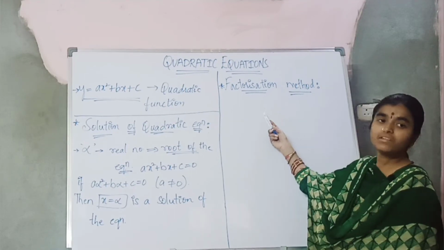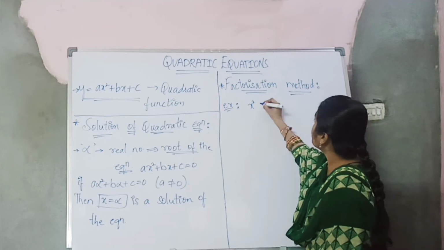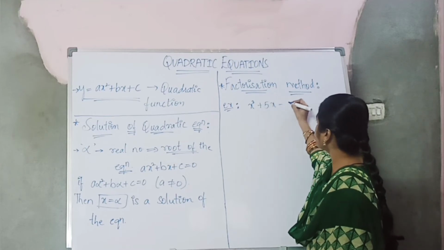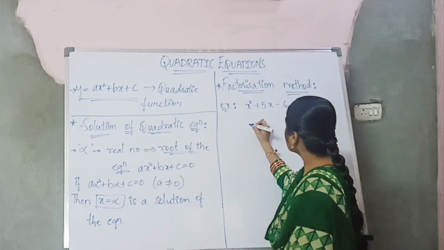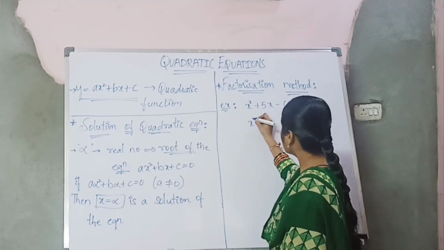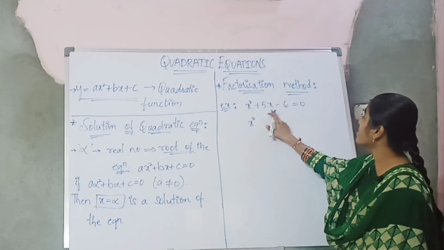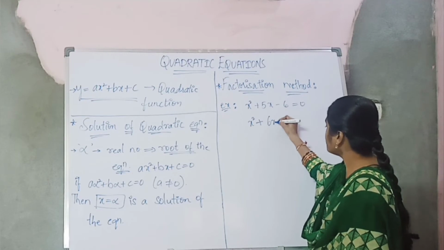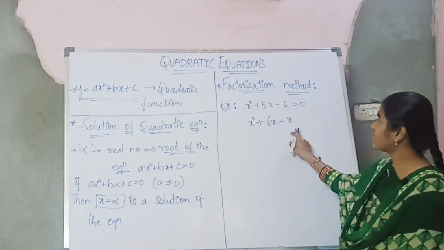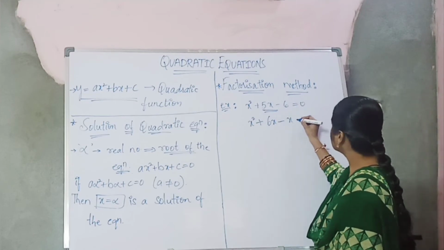Now let us discuss factorization method. Let us take an example. x square plus 5x minus 6 equals to 0. Now we have to factorize this. x square plus 6x minus x, how much? 6x minus x is 5x. 6 ones are 6.